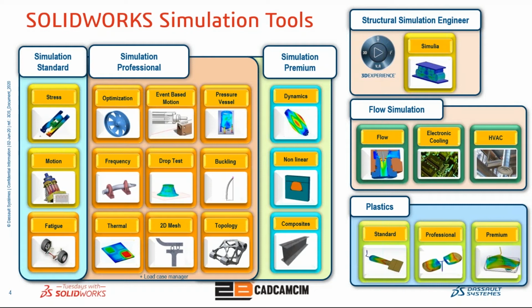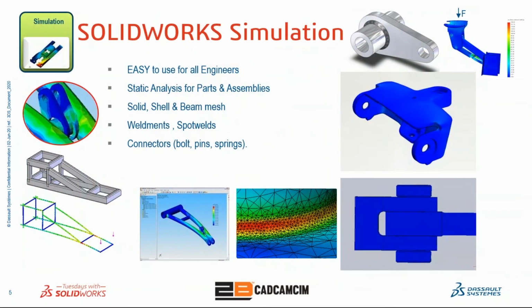Okay, these are the simulation tools. We also have another category, SolidWorks Flow Simulation tools. We will talk about it later, but first let's talk about what we can do with SolidWorks Simulation. It can solve static analysis for parts and assemblies.